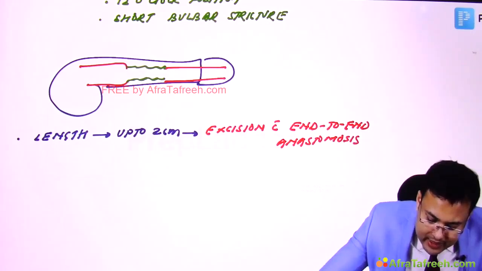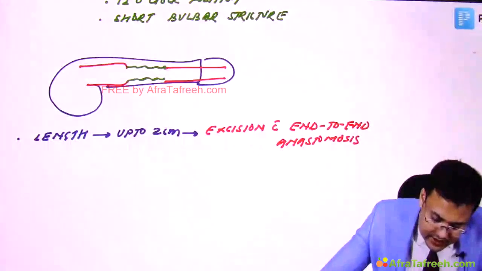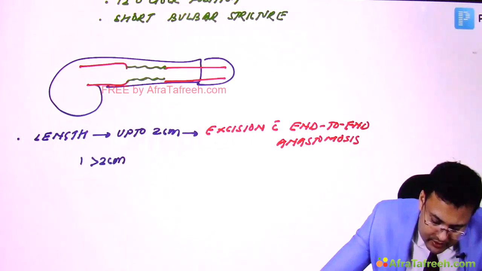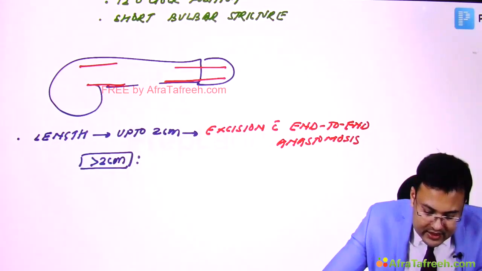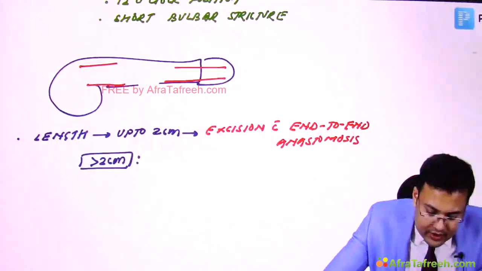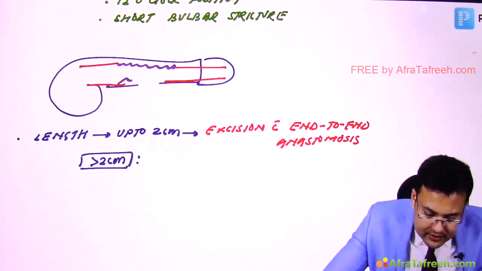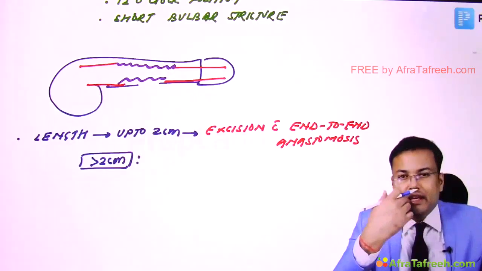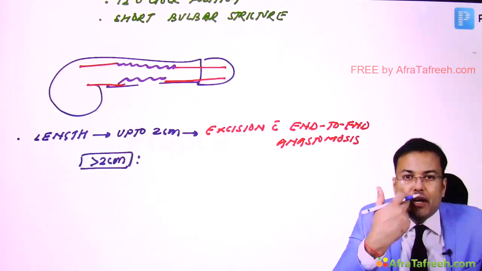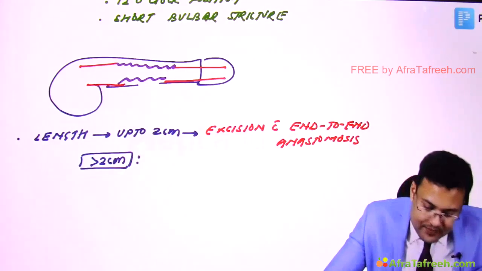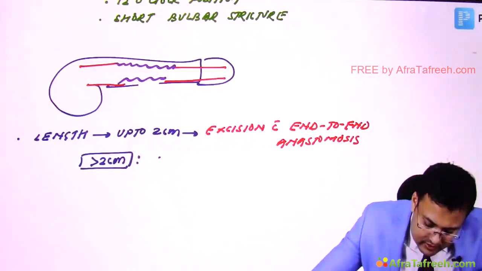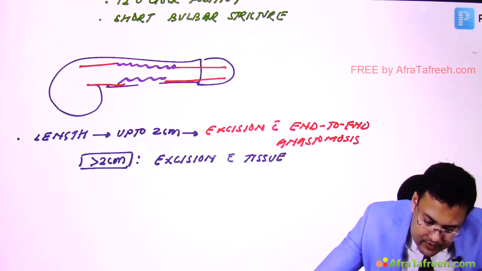Okay. And whenever the length of stricture is more than 2 centimeters, in this case we excise the stricture and after that we go for tissue transfer. And generally this tissue is taken most commonly from buccal mucosa. Other sites are bladder mucosa and penile skin. So this is excision with tissue transfer.